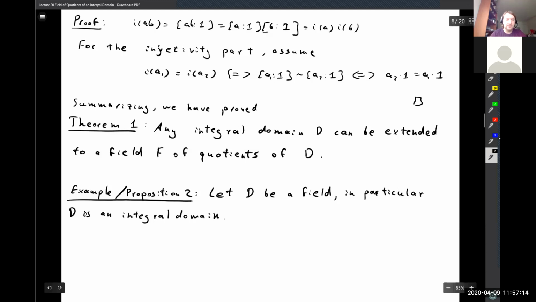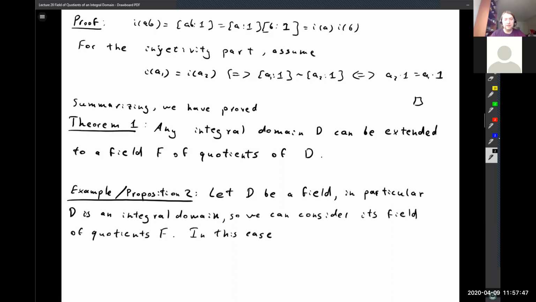So we can consider its field of quotients F. And in this case, what you will find out is that D will be isomorphic to F as rings.